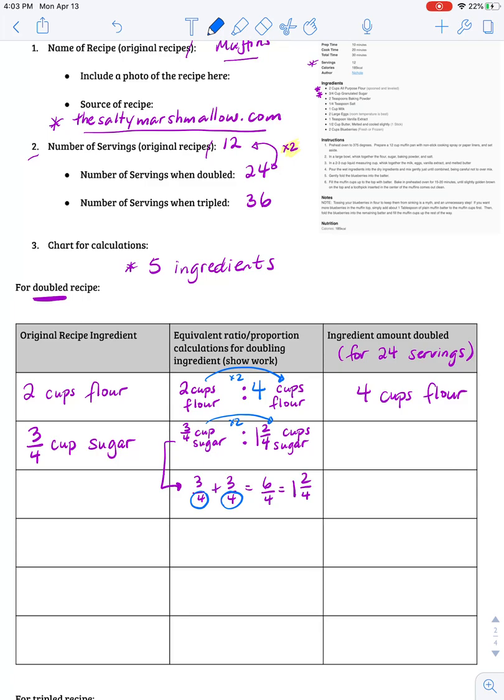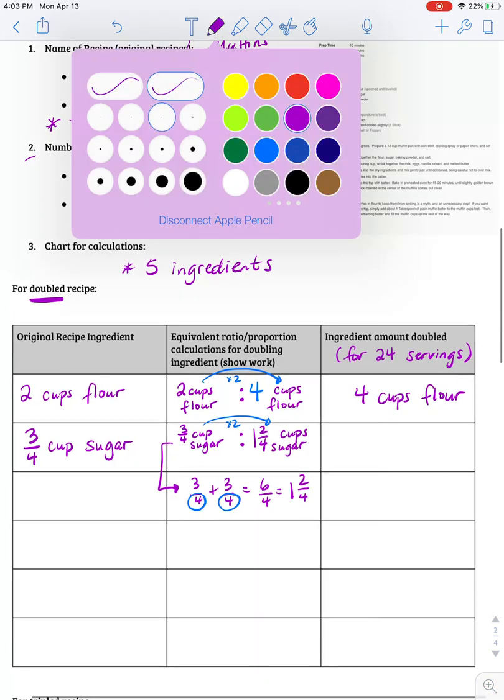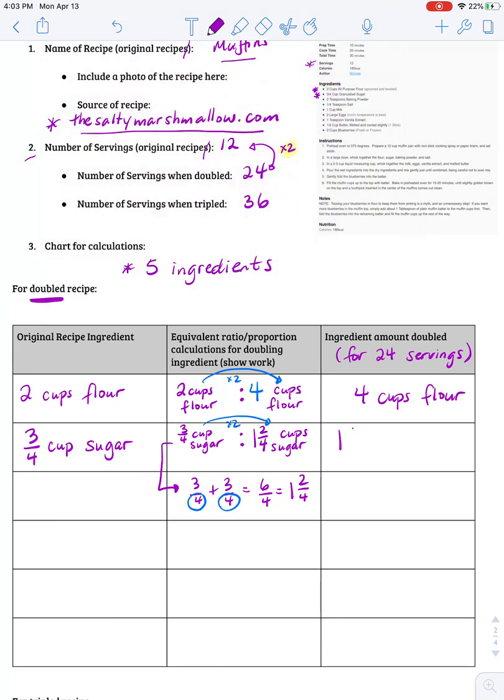So the ingredient amount doubled for 3/4 cup of sugar would be 1 2/4 cups of sugar. You could leave it as an improper fraction, but when you're dealing with recipes in baking, oftentimes you have it as a mixed number.